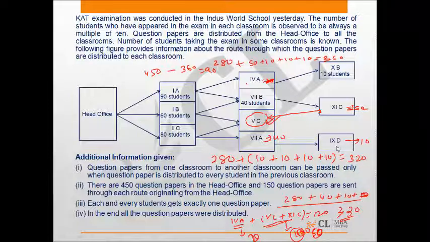Therefore, the maximum number of students in class 5th C can be 450 minus 320, which is 130.